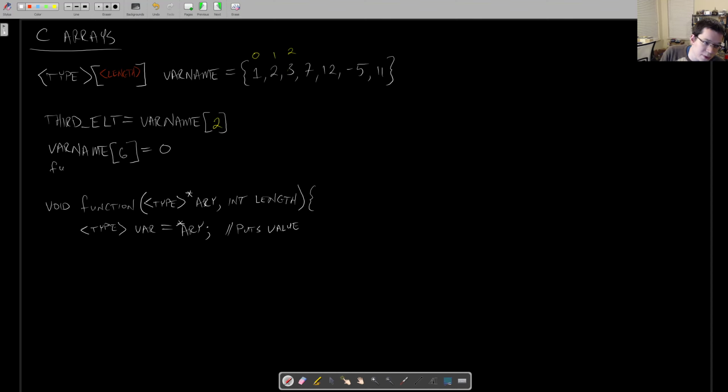If I call the function up here, function of var name, and I'm passing the length of 7. It puts the value of var name 0 into var.